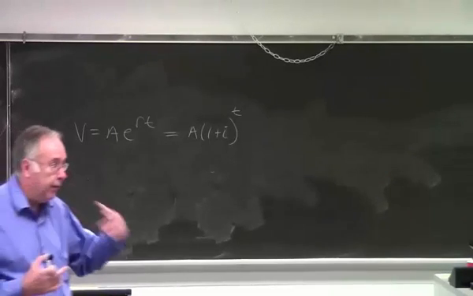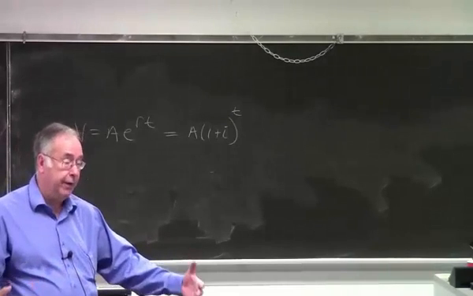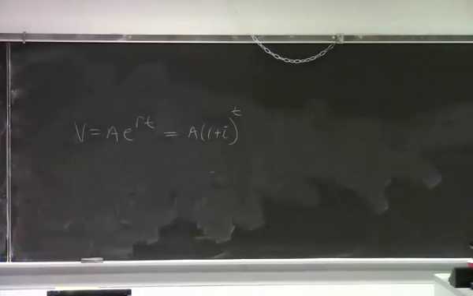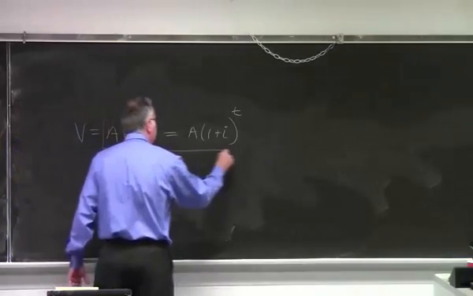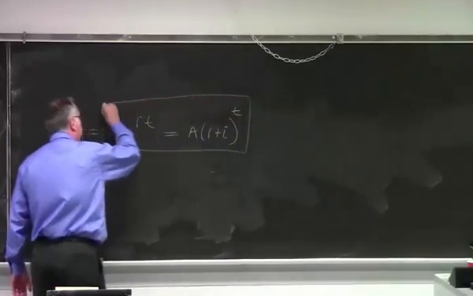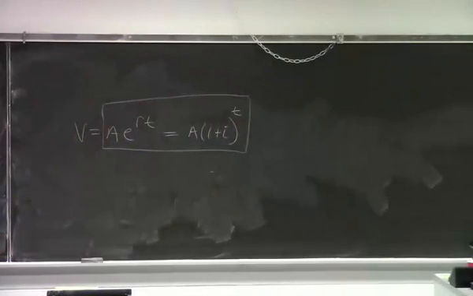For any given value of r, you can find the equivalent value of I. Suppose you want to solve for the continuously compounded interest rate that's equivalent to a given value of I. Then you would take this equation right here. You want them both to have the same value of v, both to have the same future value.